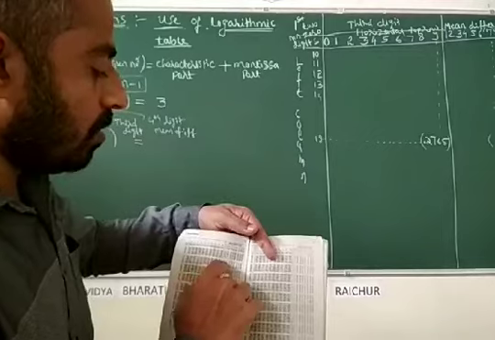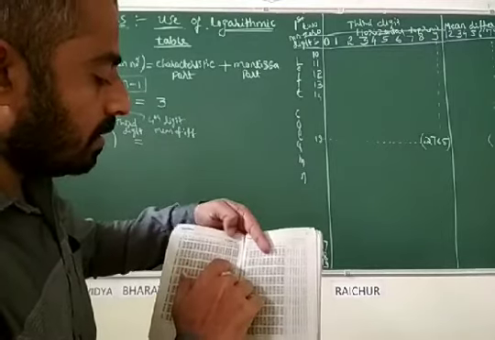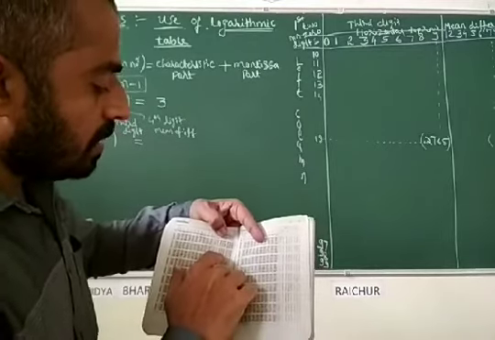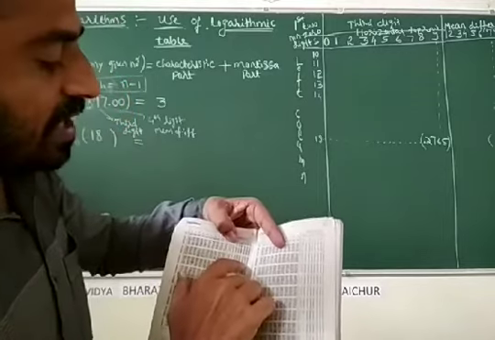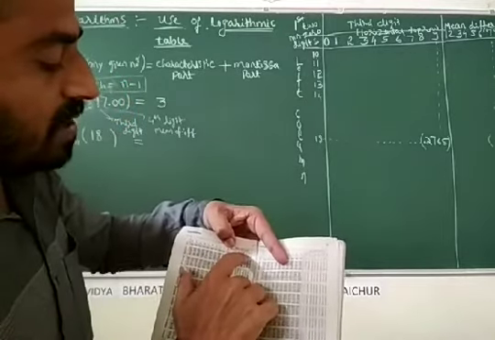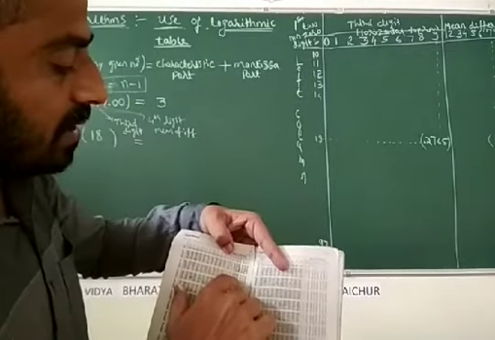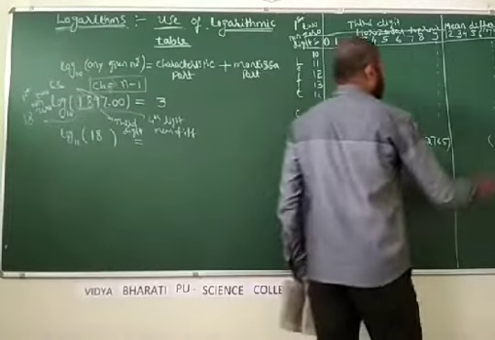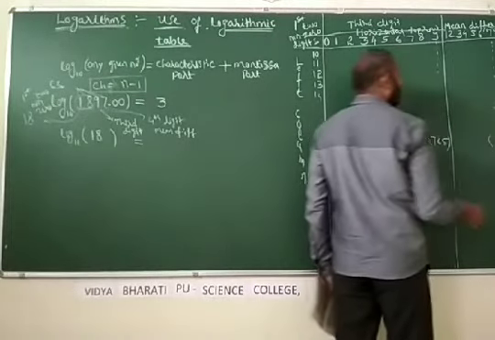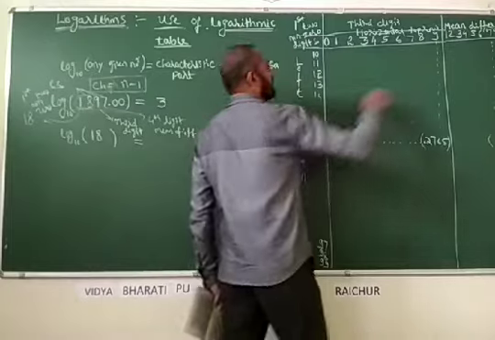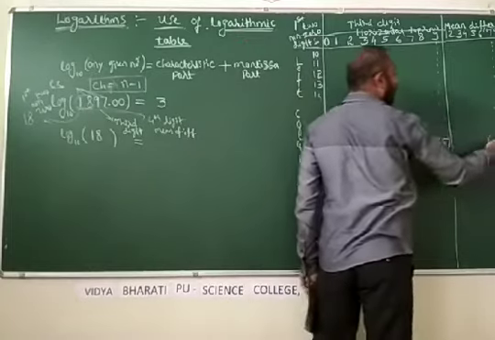In the same row, under 7, the value is 16. In the mean difference column, 18 under 7, the value is 16. This 16 in the mean difference column should be added with this.